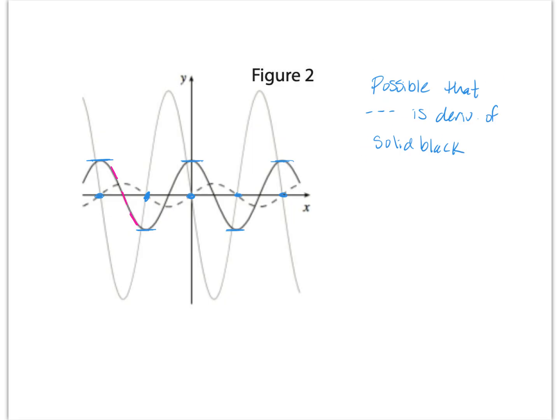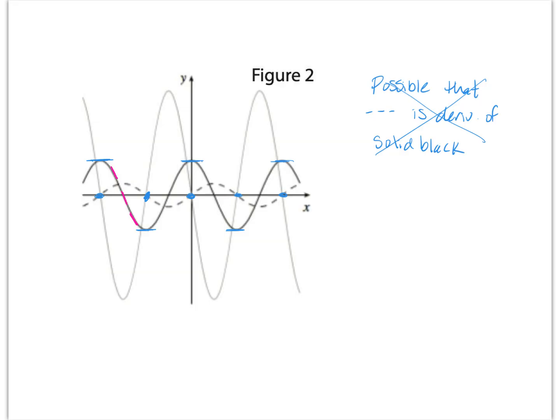So it is not the case that the dashed line is the derivative of the solid black line. So we can rule that out. Okay, and that means that the gray line could also be the derivative of the black line, because this gray curve also has zeros at all the horizontal tangent lines.